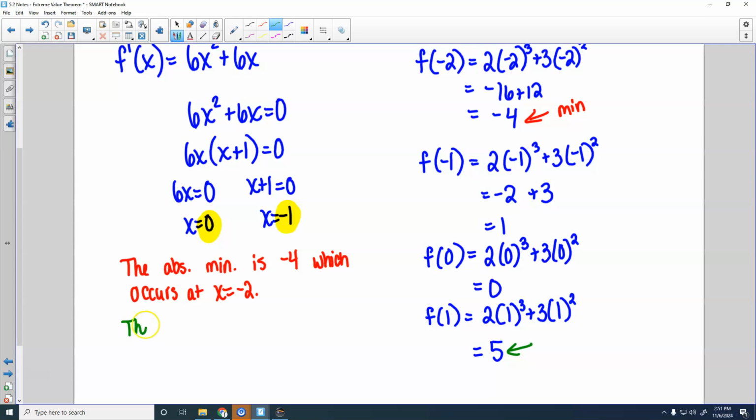So the absolute maximum is 5, which occurs at x equals 1. So it actually ended up being the endpoints here. It's not the critical points, but you always have to check those.